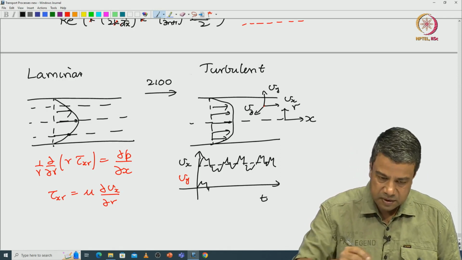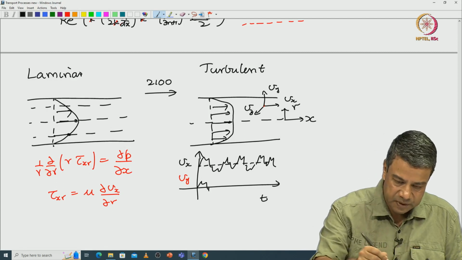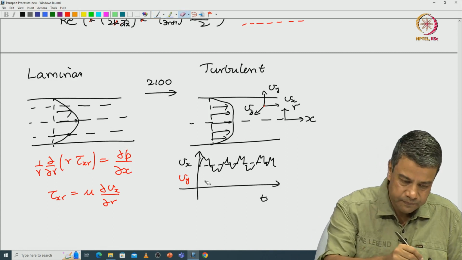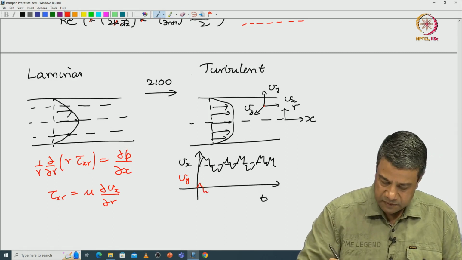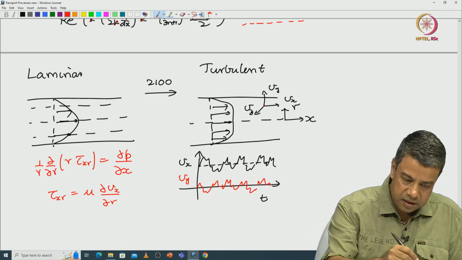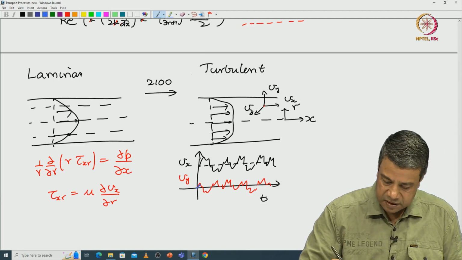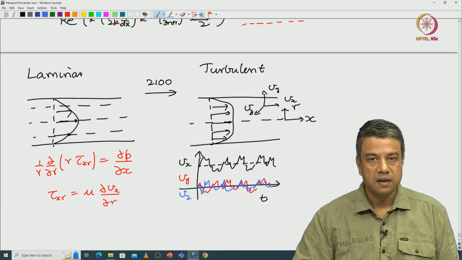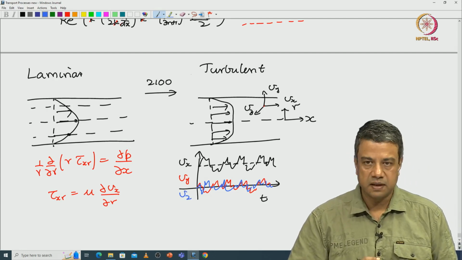However, there will be fluctuations in V y as well, and there will be fluctuations in V z as well. So, the velocity fluctuates in all three directions.